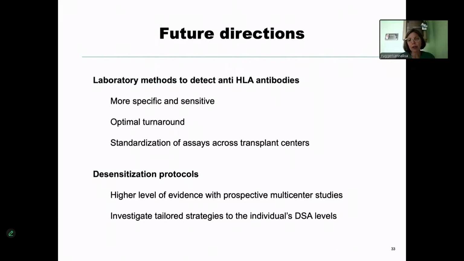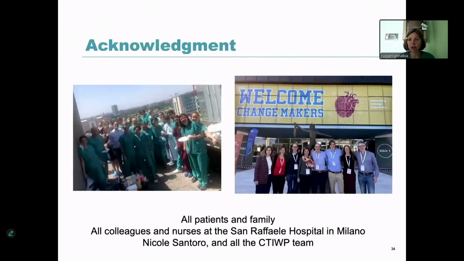And higher level of evidence with prospective multicenter studies are needed for standardized desensitization protocol, and also try to combine the different possible techniques available in case of individual DSA level in order to tailor your strategy for your specific patients.